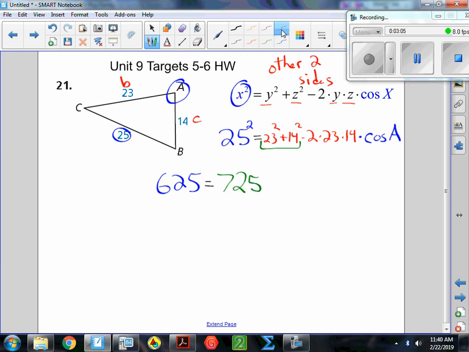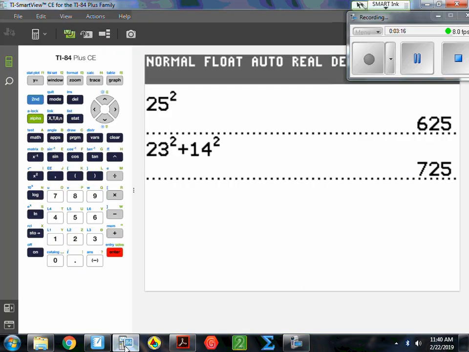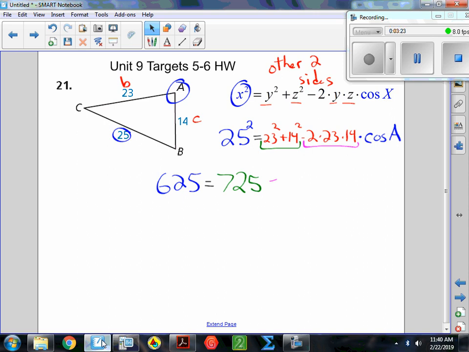I stopped after the 14 because after that it's a minus and then a bunch of numbers that are multiplied together. So minus, and then I need to do 2 times 23 times 14, which is 644. And then I still have that cosine A. So what I have is a number equals 725 minus a number times cosine.